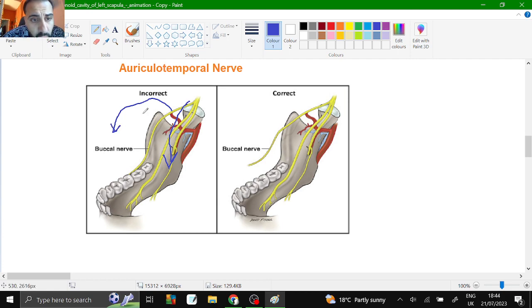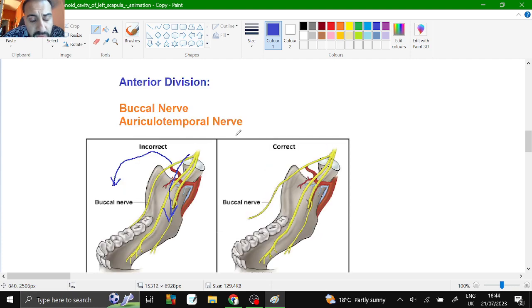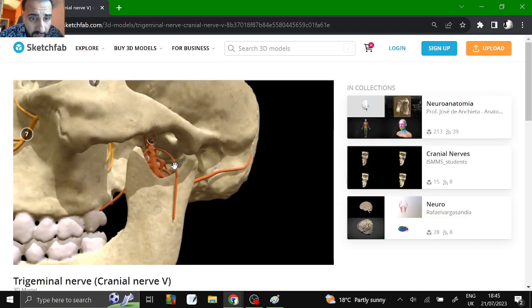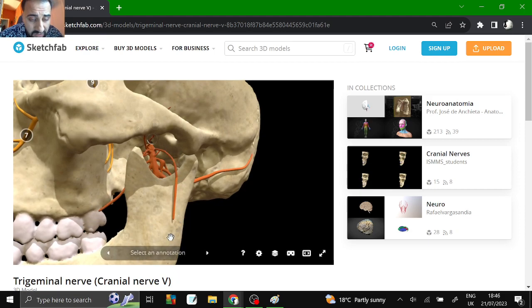The ones that will go outside the mandible, we will call them anterior division. And it consists of two nerves, the first one buccal, and the second one is auriculotemporal nerve. So as you can see here, this is the trigeminal nerve. So the first branch will go outside, and this second branch will go outside. One of them is called auriculotemporal.